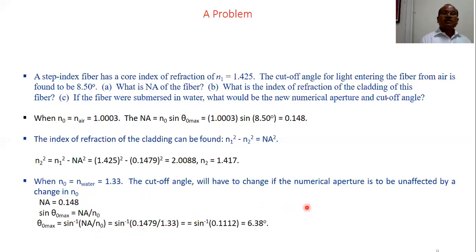Now this becomes 6.38, because, as we have noted, the numerical aperture and acceptance angle depend on the composition of materials, the refractive index, and other factors. So this is a problem related to the concept of numerical aperture and acceptance angle which we have studied.